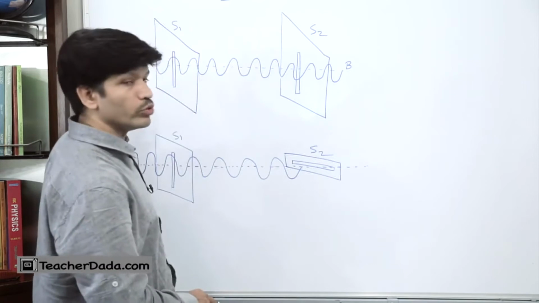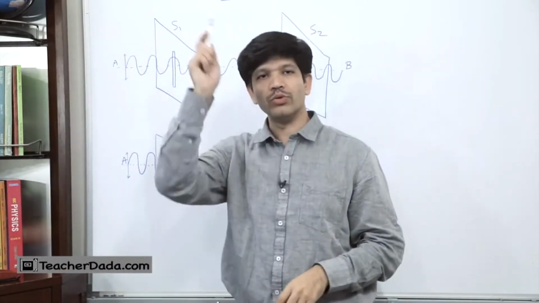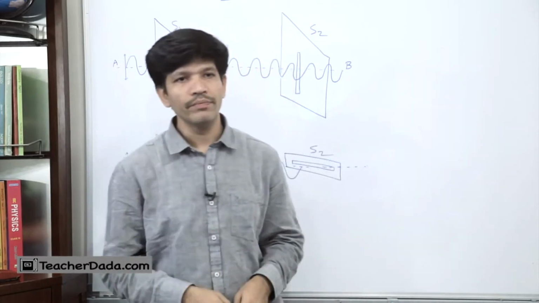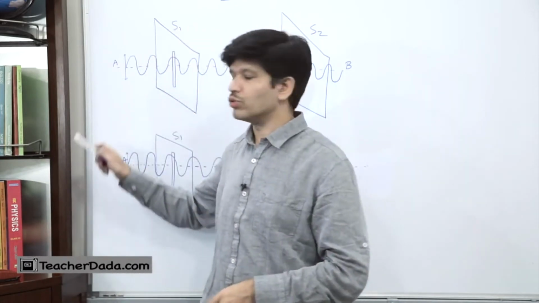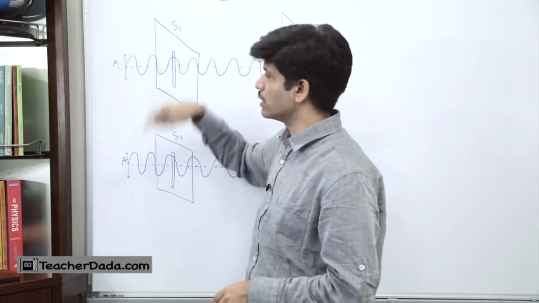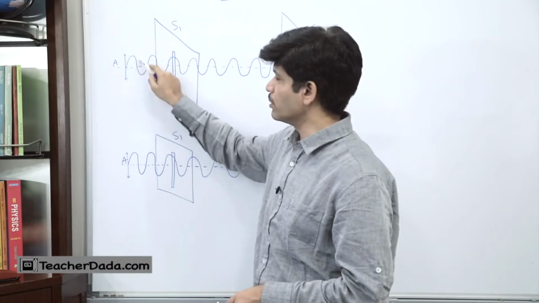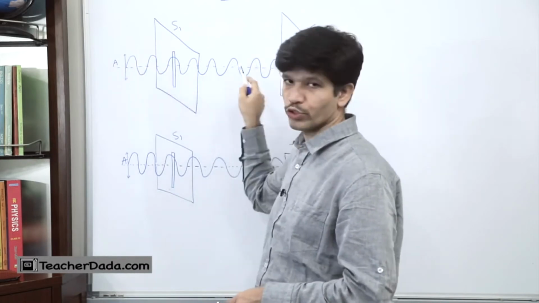So there is a person standing near A who is moving the string up and down. This gives rise to transverse waves, because the vibrations are up and down, perpendicular to the direction of the propagation of the wave.